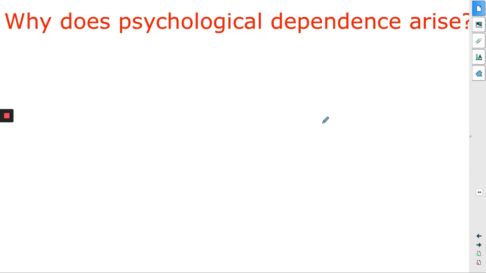Now, I haven't given you much content here. There's nothing to this because when you look at the specification, it doesn't really imply that we need to have extended writing. It's a factual understanding of what is dependence, tolerance, and withdrawal.